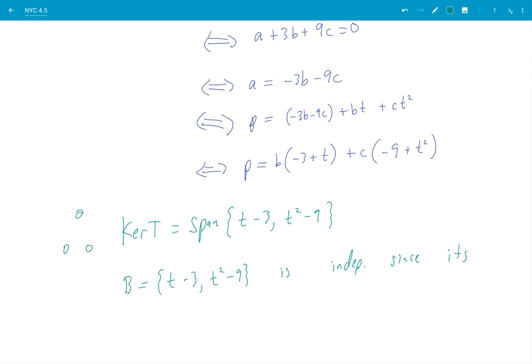Okay, they are not scalar multiples. I can't take this guy times a real number and get this guy, and vice versa. So its elements are not scalar multiples of each other.